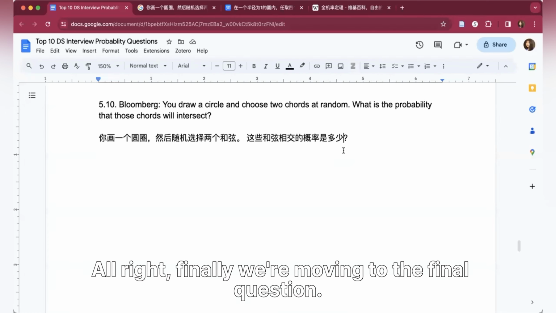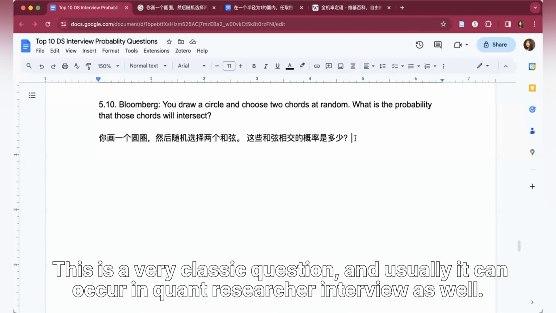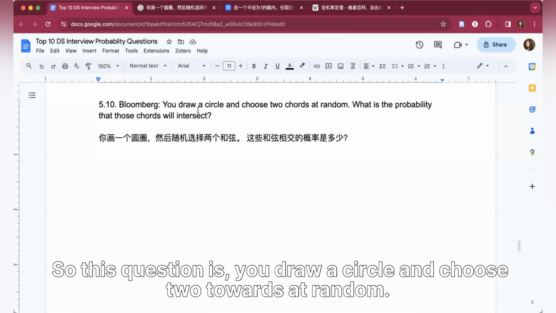All right, finally, we're moving to the final question. This is a very classic question, and usually it can occur in quant researcher interviews as well. So this question is, you draw a circle and choose two chords at random.